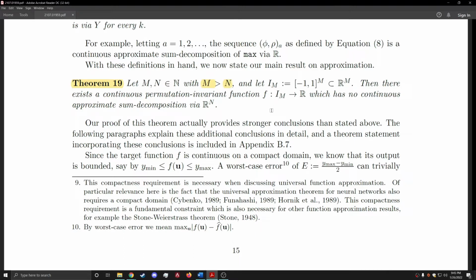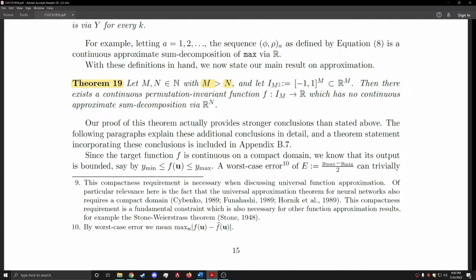We can generally assume for the rest of the paper that it's greater by 1, that m is going to be 3 and n is going to be 2. We are going to be putting out a couple of examples where that's the case, strictly for visualization, although technically, for the theorem, all we're going to prove is that as long as n is less than m, you're not guaranteed a universal function approximation.